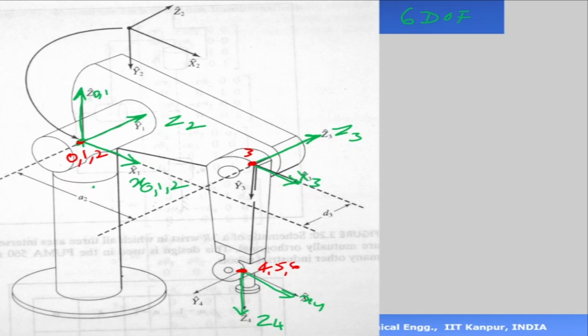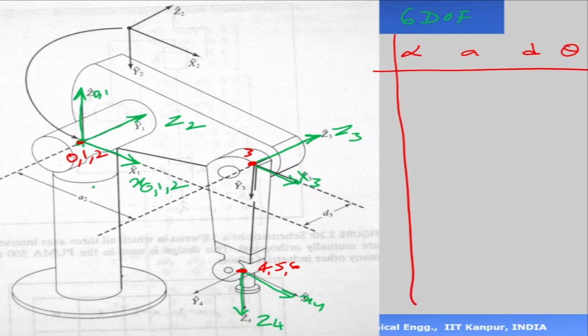Now look at the distances. We are going to write our DH parameter table. So let's call it alpha, A, D and theta. This is my DH parameter table which I'm writing. There are 6 axes, so there will be 1, 2, 3, 4, 5 and 6. Now let's look at the first one, 0 and 1.